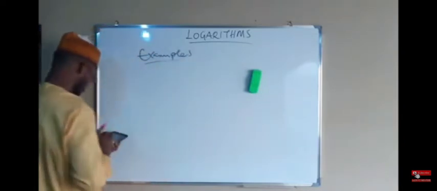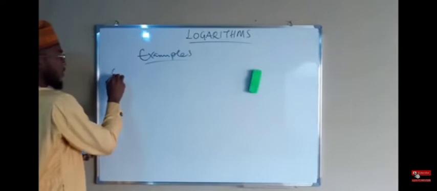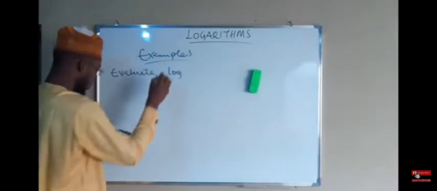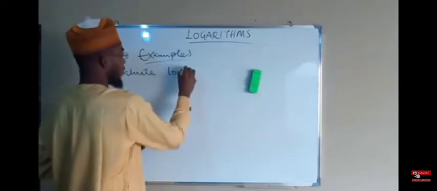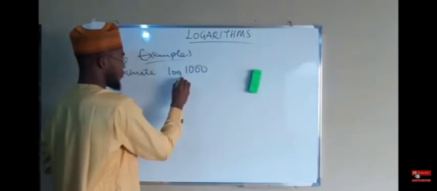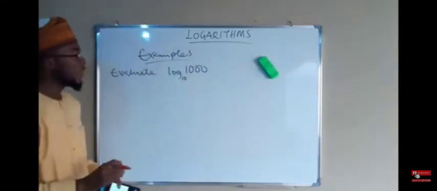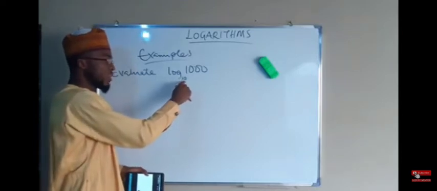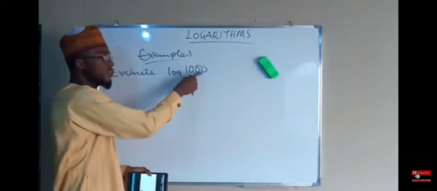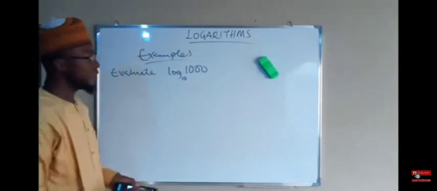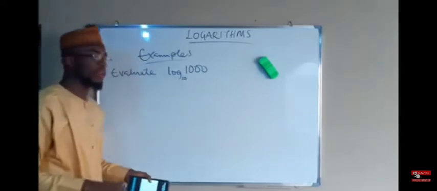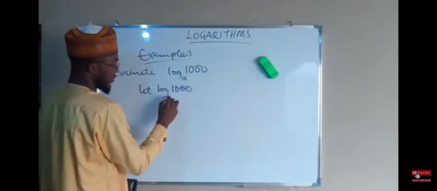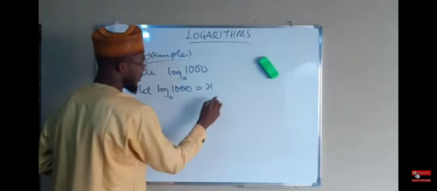Examples. Evaluate log of 1000 base 10. We need to think of a number which we are going to raise 10 to and it results in 1000. That number is going to be the answer to log 1000. So let log 1000 base 10 equal x.